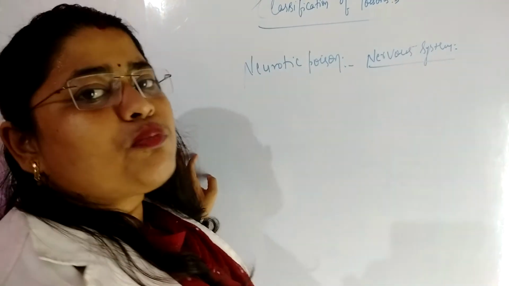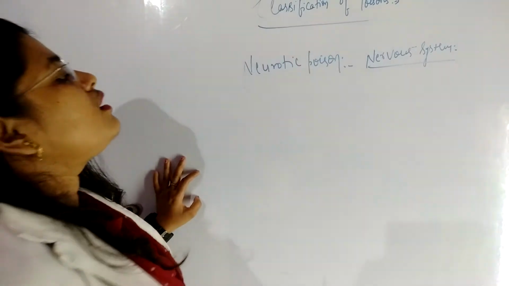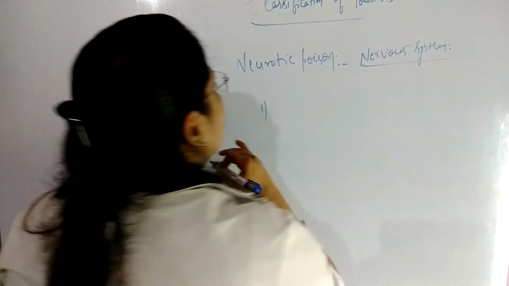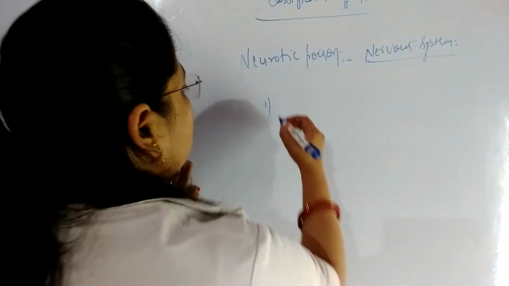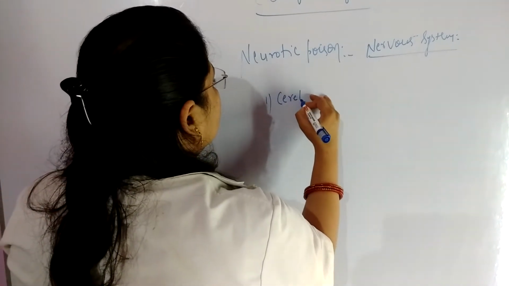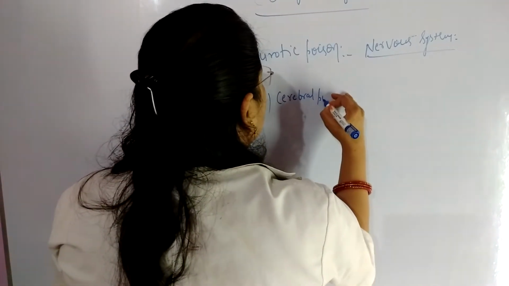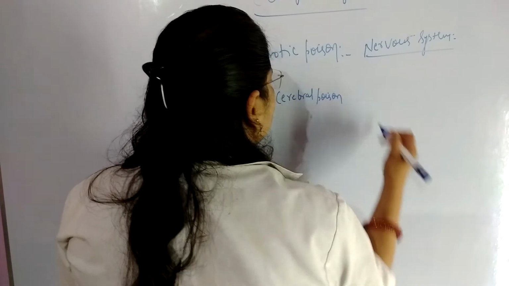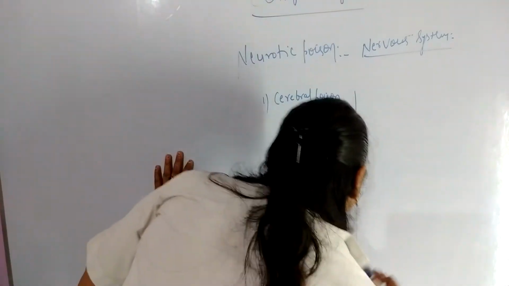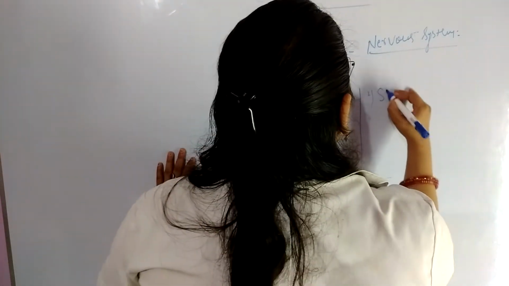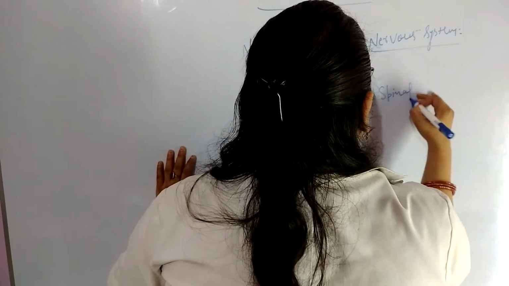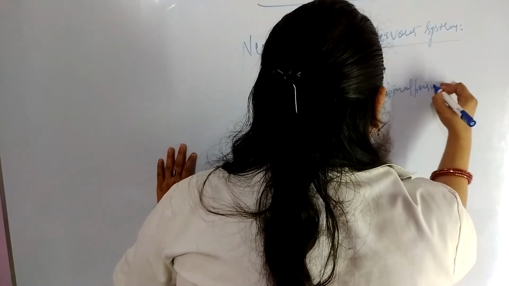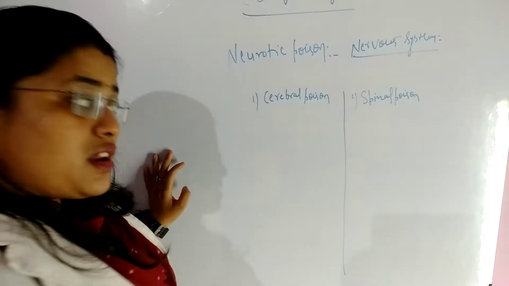On the basis of parts affected, it is categorized as cerebral poison, spinal poison, and peripheral poison.